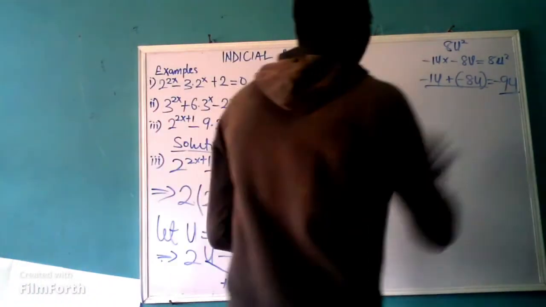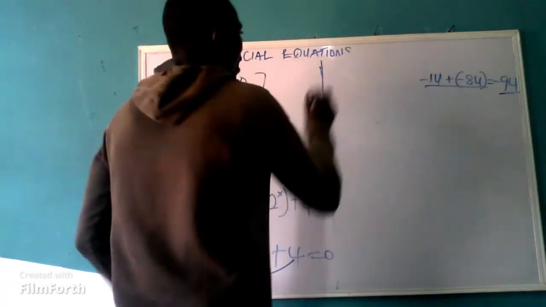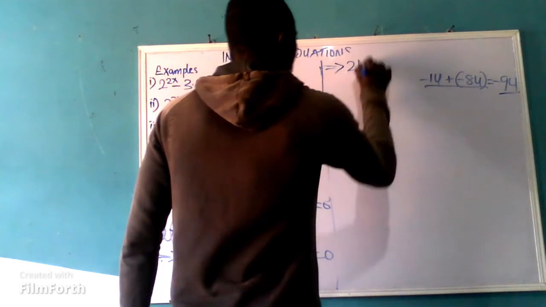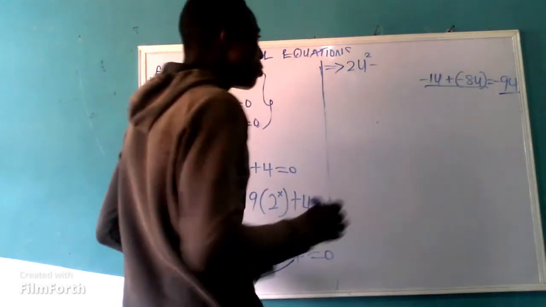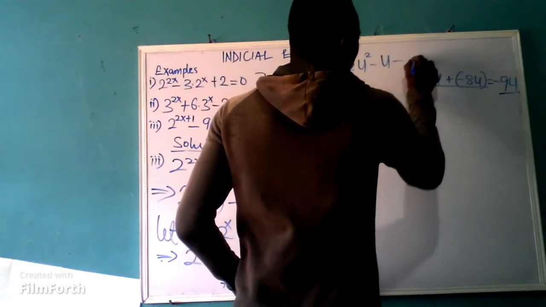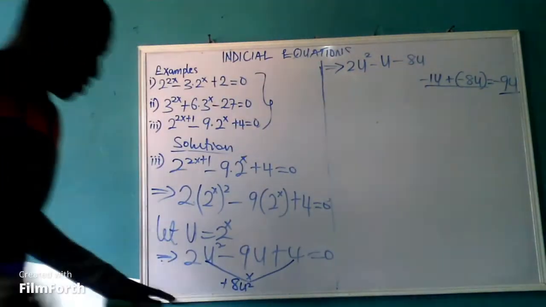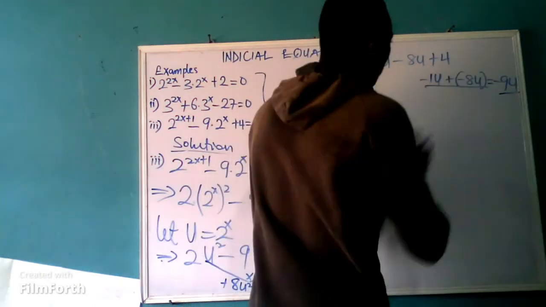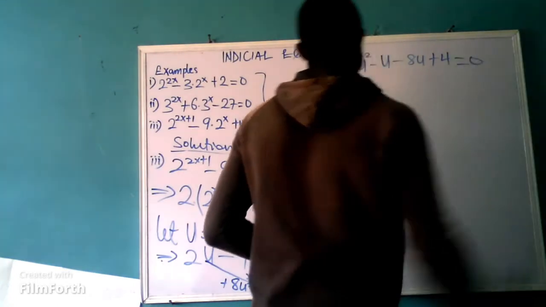So that we have this equation: 2u squared minus 9u will be replaced by minus u minus 8u. Then the 4 we have here, plus 4, everything equal to 0.